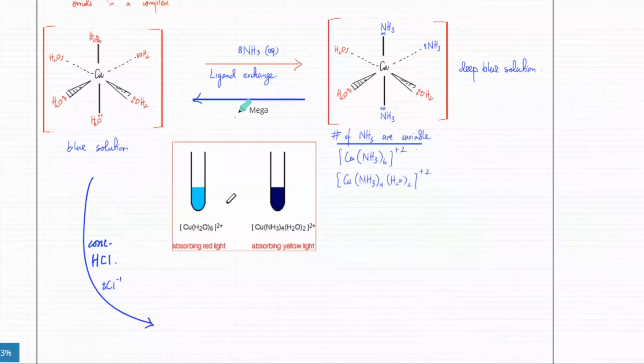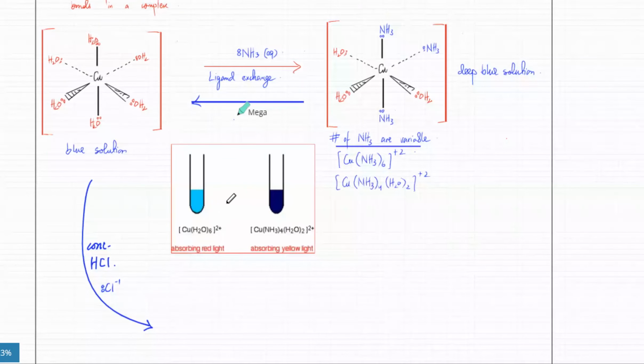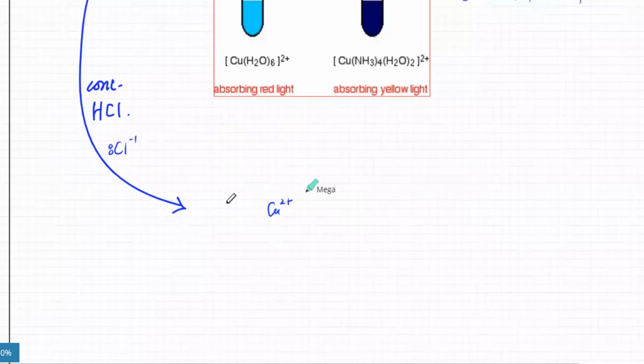What about HCl? Now I'm adding HCl. Over here, the water molecules get replaced. You've got a copper ion in the middle, and you're adding Cl ligands. Remember, I'm adding concentrated HCl, so there's a lot of Cl ions.